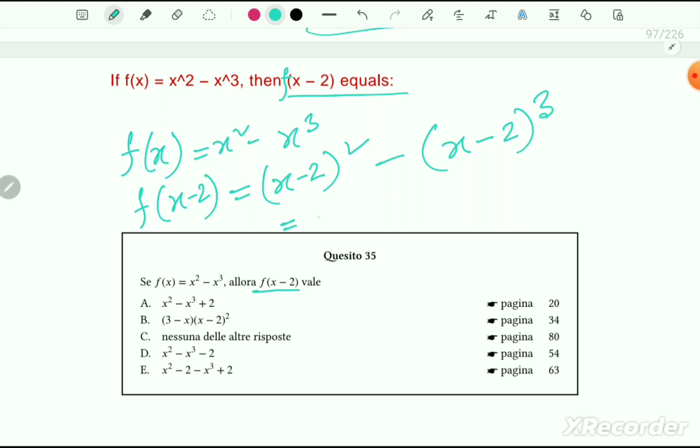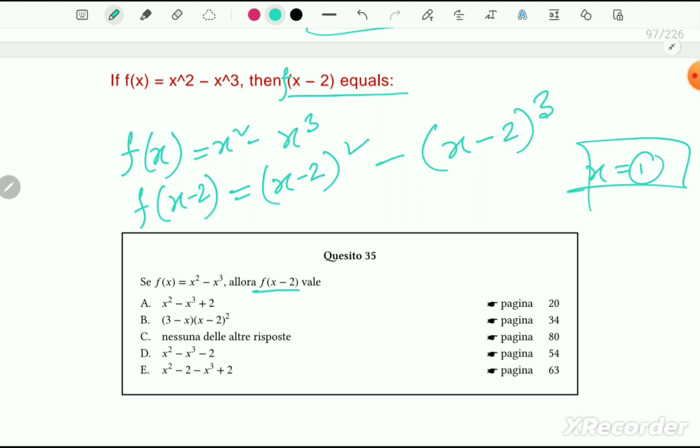So we can just write x square. It's a bit long calculation, but in a simple way we can use the value of x. Let's say value of x is 1, right?